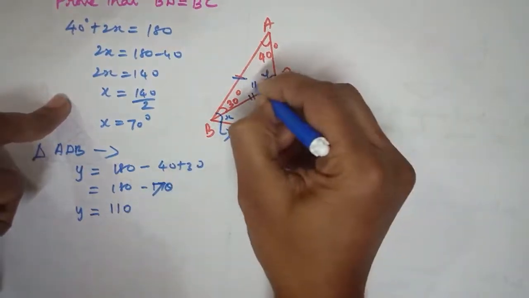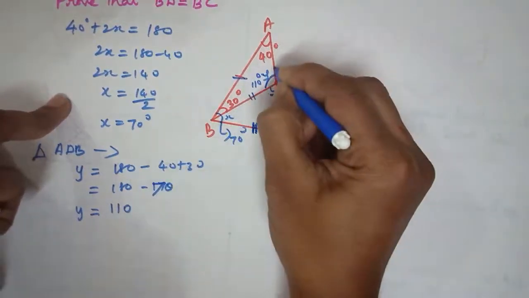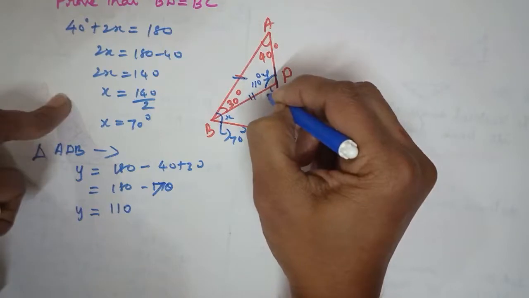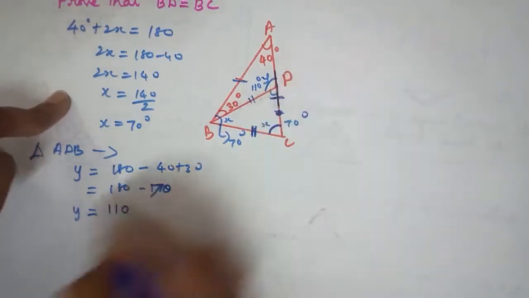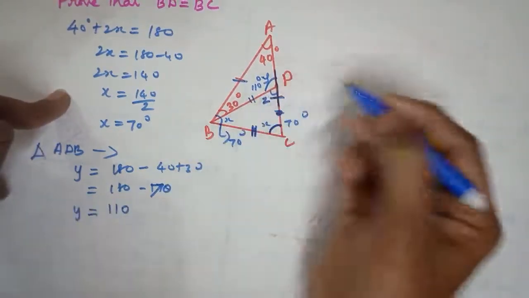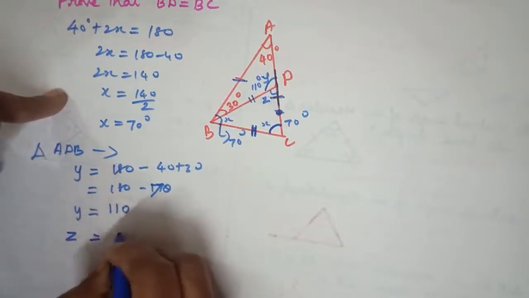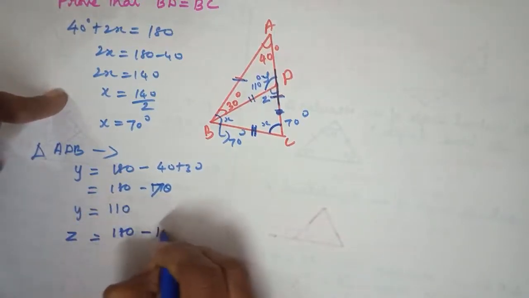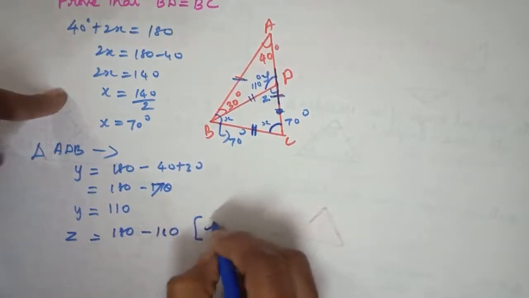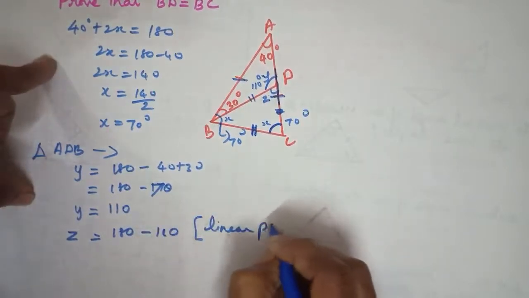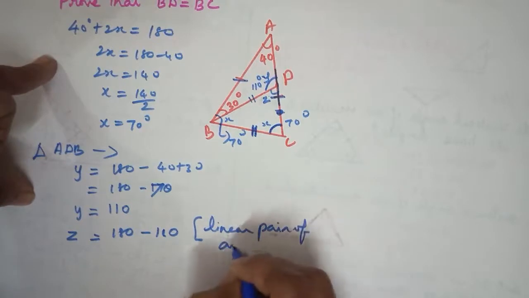Okay students, so then y is equal to 110 degrees. This is 110 degrees. This is a straight angle, so this will be 180 minus 110. Call this z. So z is equal to 180 minus 110, because of the linear pair of angles.